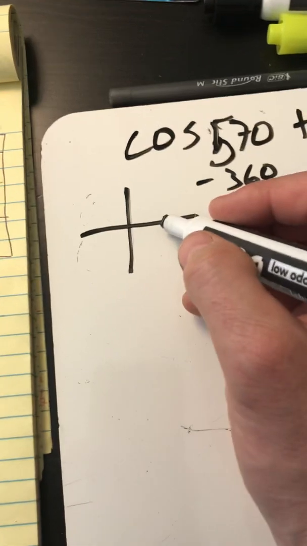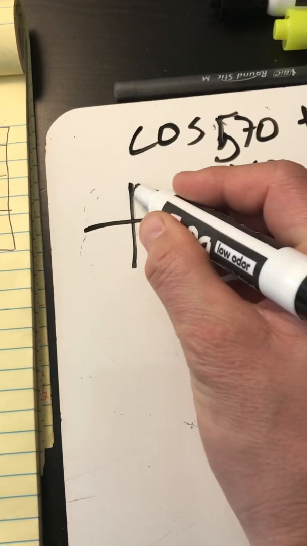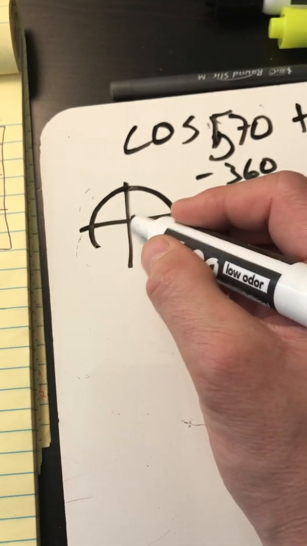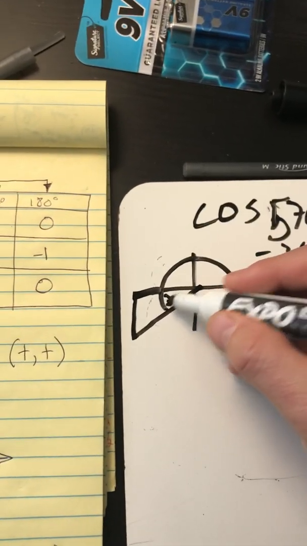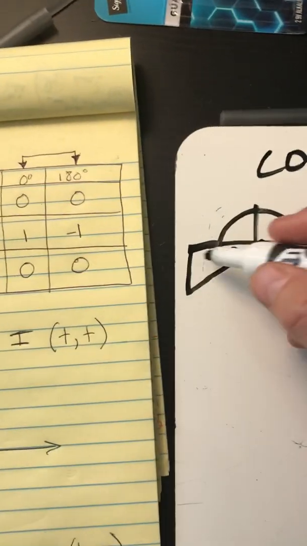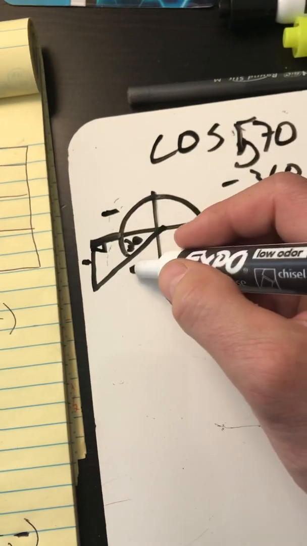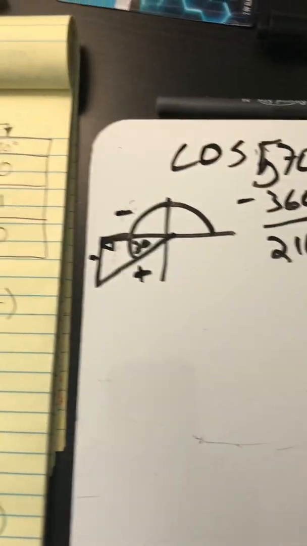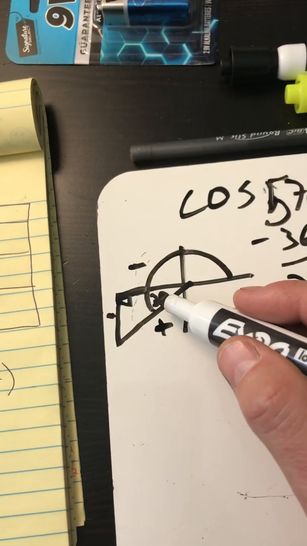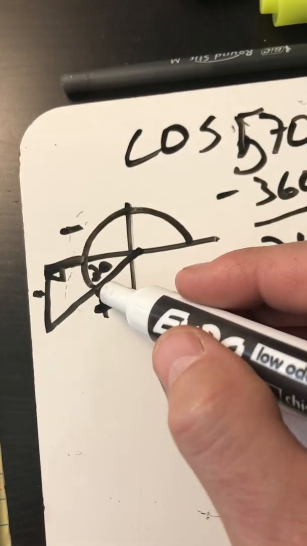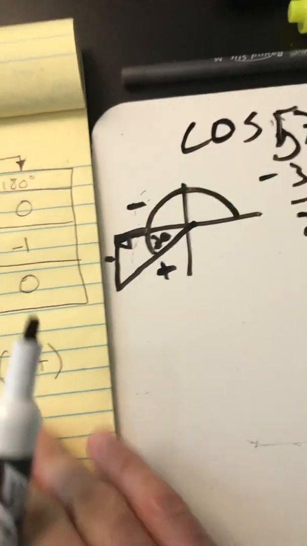So since it's positive, we're going to go counterclockwise. You go 90, 180, 30 more degrees right here. So this is a 30, 60, 90 triangle. We're going to have a negative x value, negative y value, and our hypotenuse is always positive. So we're looking for the cosine of 30 technically, because 210 is the same as 30 degrees in the third quadrant.